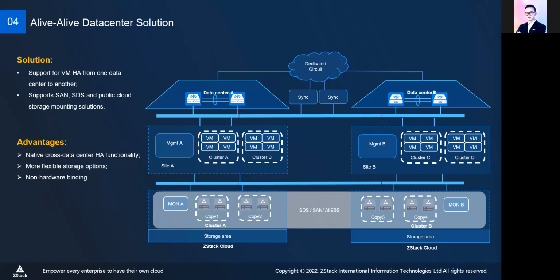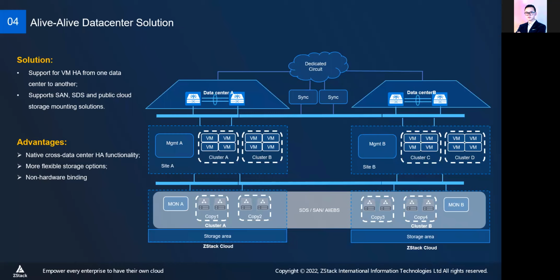In ZStack, because we support multi-region multi-zone management, you can think of it as two data centers. You can put these two data centers into two zones, and the key precondition for this solution is that it must have very good layer 2 network connections.